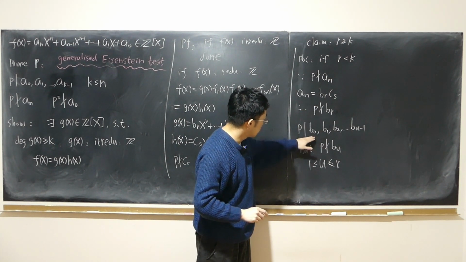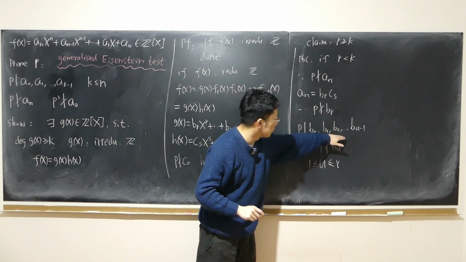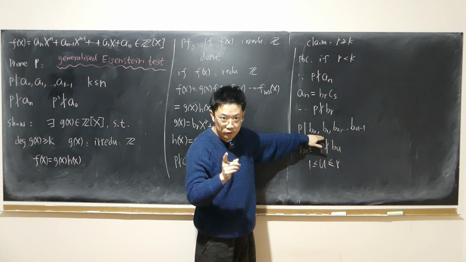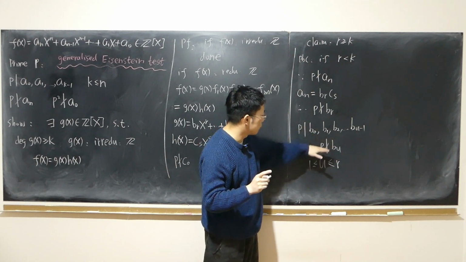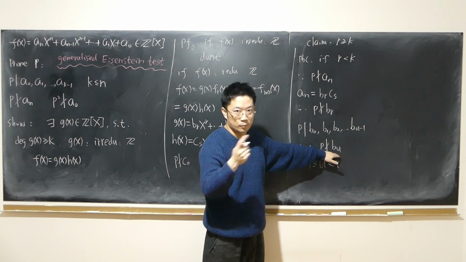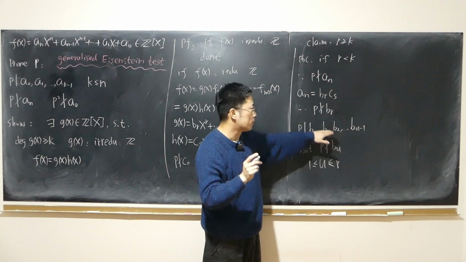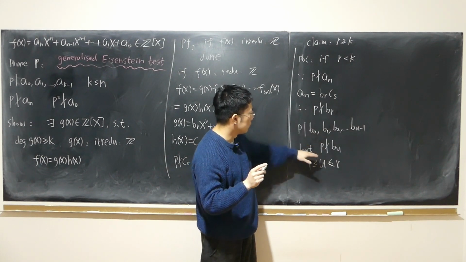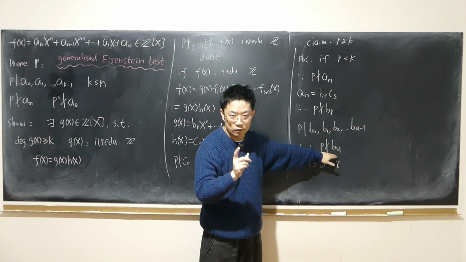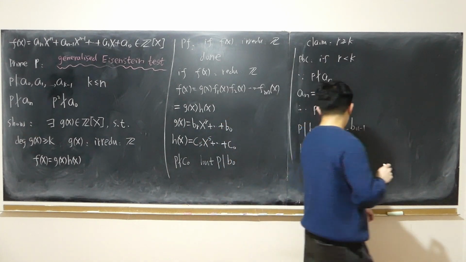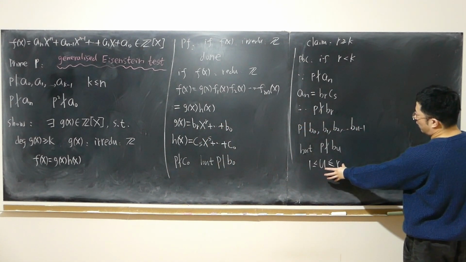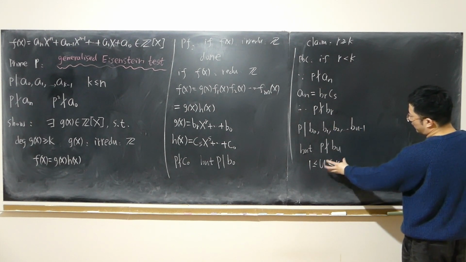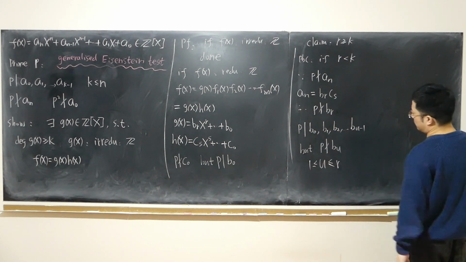So what I'm trying to say is that out of these many numbers, there must be the first one that cannot be divided by P. Let's call that first one b_u. Before b_u, everybody can be divided by P. b_u is the first one that cannot be divided by P. Of course, u could be equal to r exactly, or could be less than r. Possible.